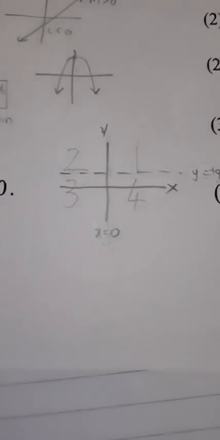Okay, I'm going to repeat this again. This is our horizontal asymptote, y is equal to q. Then we have our vertical asymptote, which in grade 10 is always the y-axis, x is equal to 0. This vertical asymptote and this horizontal asymptote give rise to the quadrants.